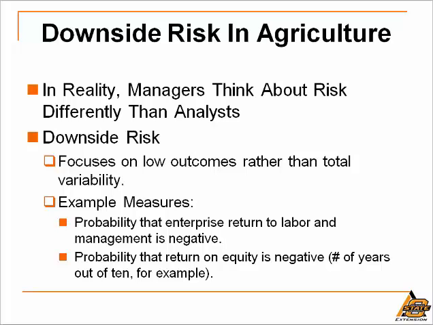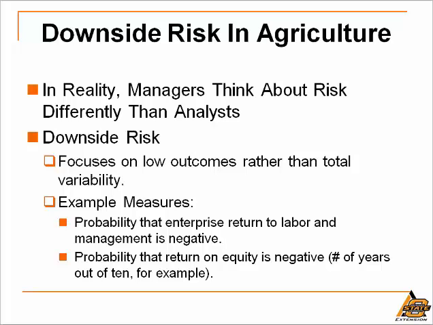The analyst is likely thinking about the total range or variability of possible outcomes, including observations that might be better than expected, as well as observations that might be worse than expected. Business managers may well be aware that this is how risky situations are described, but in reality, they may also only really be concerned about the outcomes on the negative side of the range of possibilities.